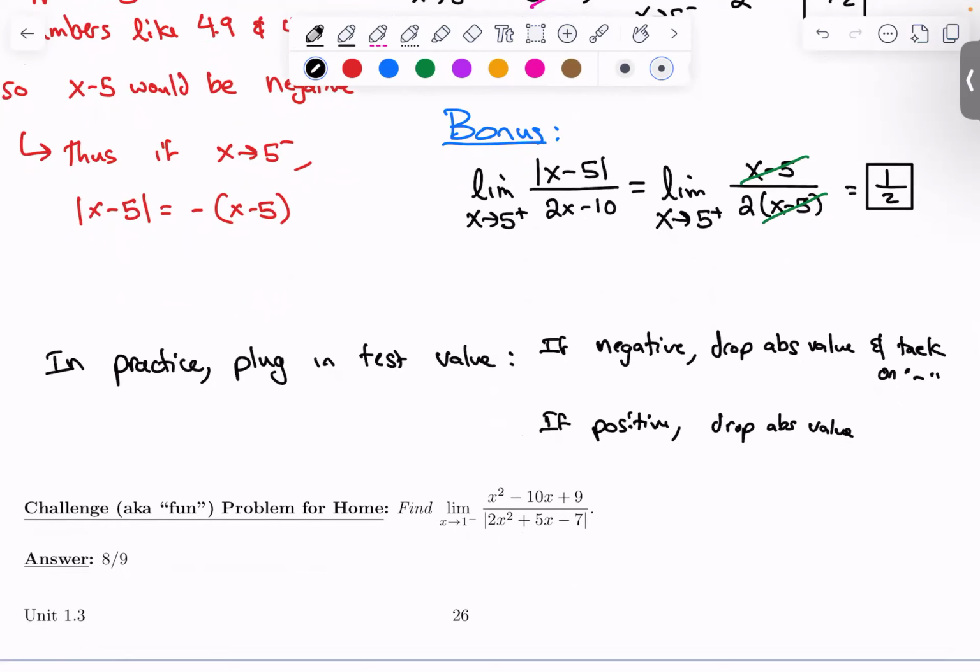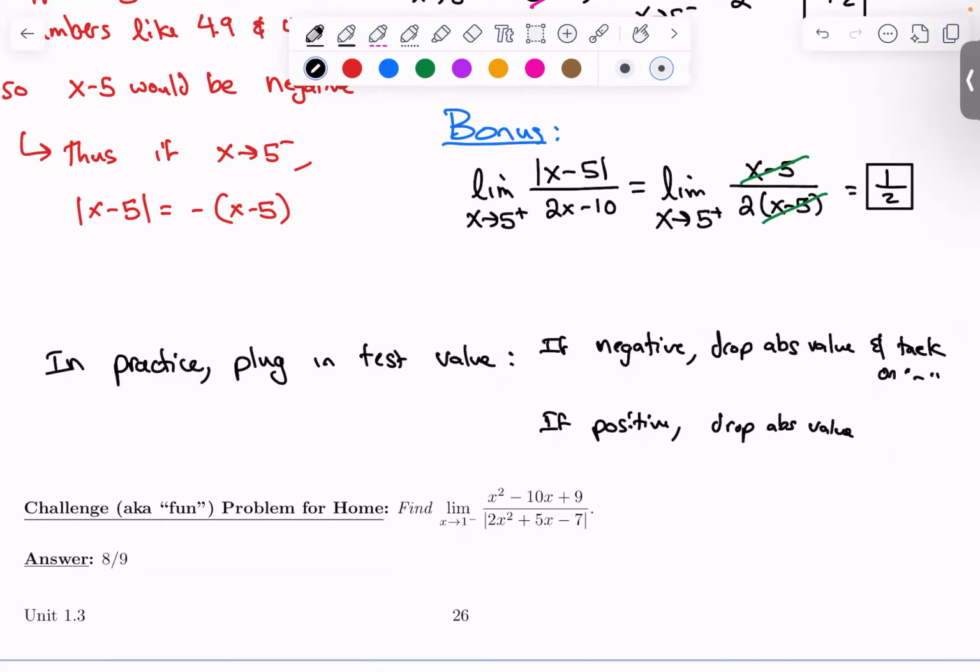Case in point is this example right down here, which I'd like to leave for practice. Plugging in 1 from the left. So let's use our calculator to do a test value, like 0.9, right? 1 from the left, do 0.9. So 2 times 0.9 squared plus 5 times 0.9 minus 7.